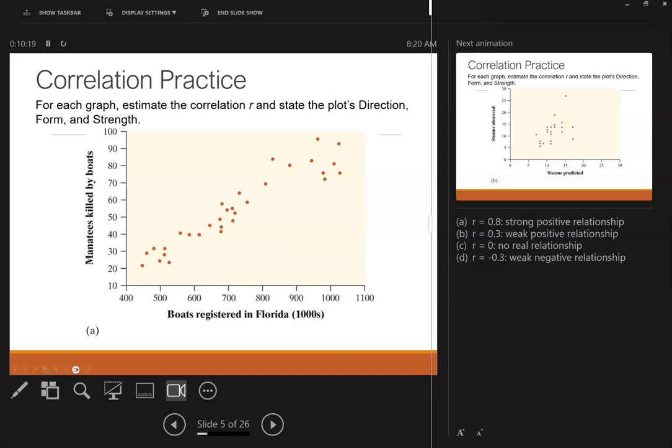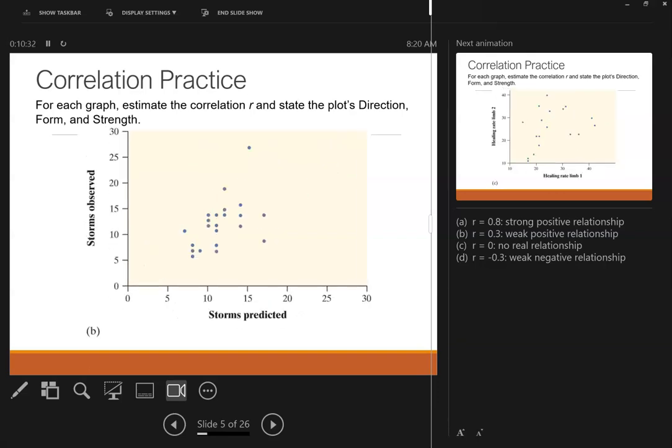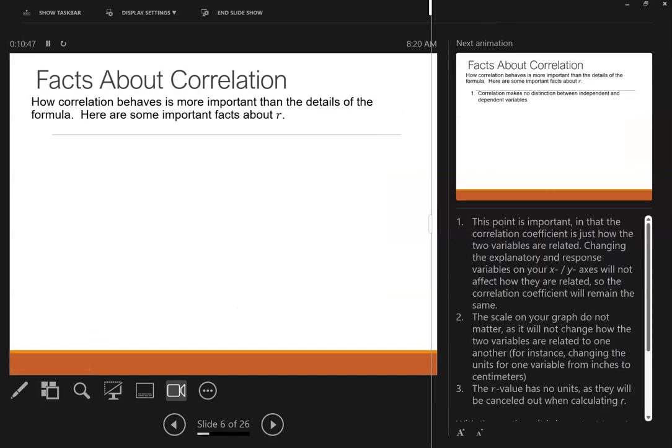But if you called this 0.8 and someone else said 0.9 and someone else said 0.75, those are all strong. I would count them all the same. You know what I mean? Or like this guy is weak, as long as you had a positive value, 0.1, 0.2, 0.3, whatever, it's all fine. You know what I'm saying? The estimate is not that big of a deal.